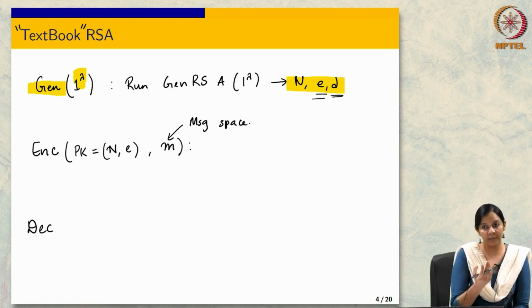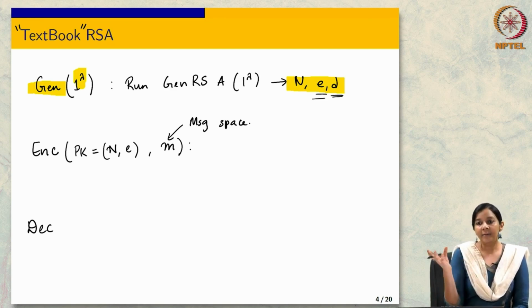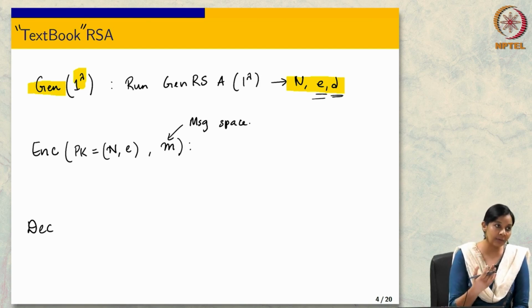So, now the suggestion is that maybe I can XOR my message with my private key. Now, this also does not work for almost the same reasons that the previous suggestion did not work. In particular, my encryption algorithm is a public key algorithm. What are its inputs? N, E and message. Does it even have the private key?